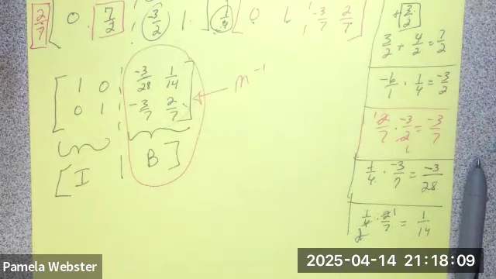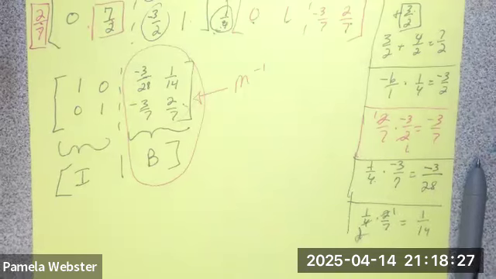All right. I have an example that's a 3 by 3, but honestly, I don't want to do it. So I'm just going to leave that for you guys to do. Have I done this one?